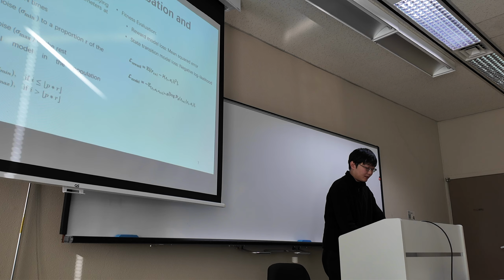And then we add small scale noise to r of the cloned models, which means adding slight perturbations to the neural network's parameters. And for the remaining n minus r models, we add large scale noise. And meanwhile, we keep one copy of the original environment model unchanged.